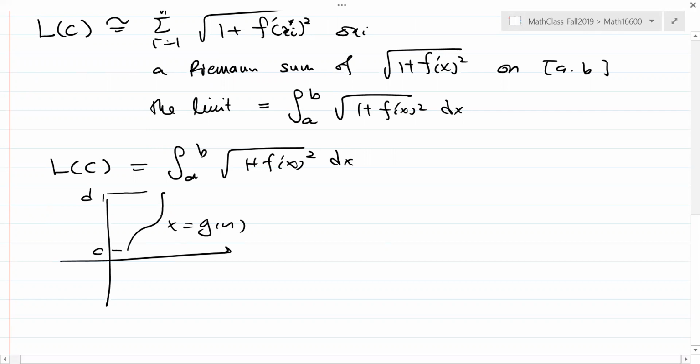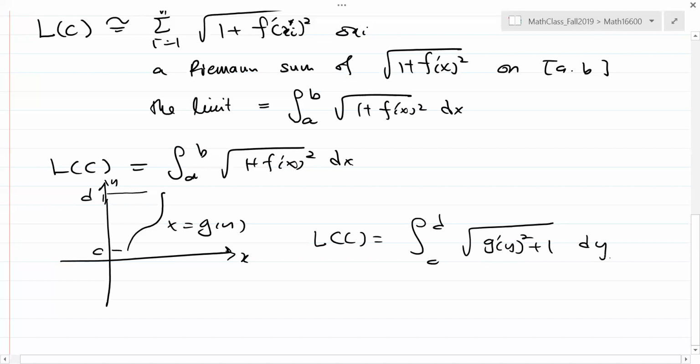This is the y-axis. In that case, by a similar idea, the length is going to be the integral from c to d of the square root of g prime y squared plus 1 dy.